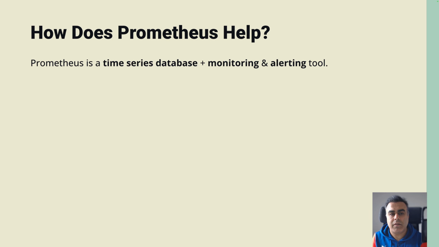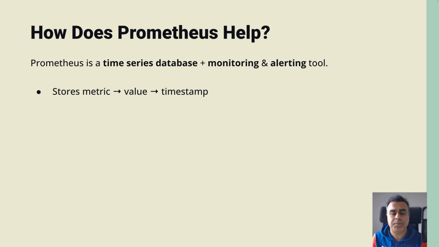Prometheus, first of all, has a time series database, because it's very important that the metrics should be stored in time series, and time series databases are the best tools for such scenarios. And as Prometheus has a time series database, is great for monitoring, and has the capability of alerting, it is one of the best tools for defining the metrics, collecting them and storing them.